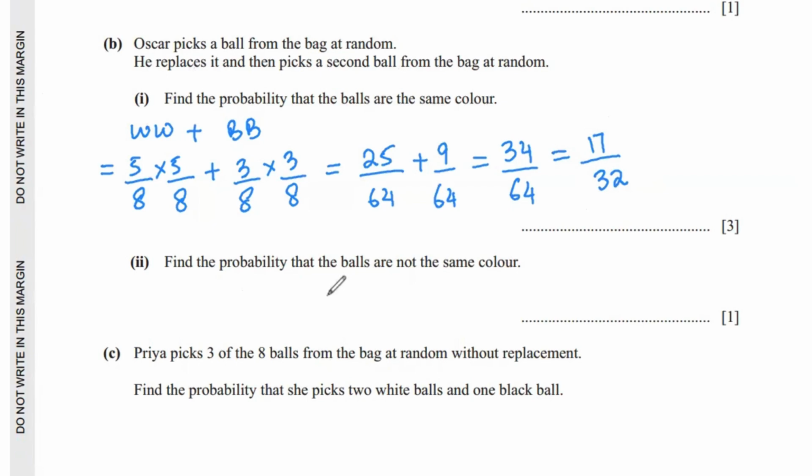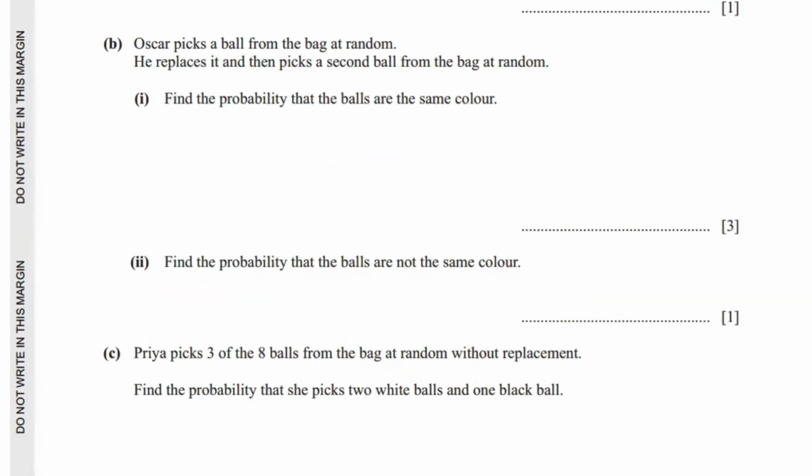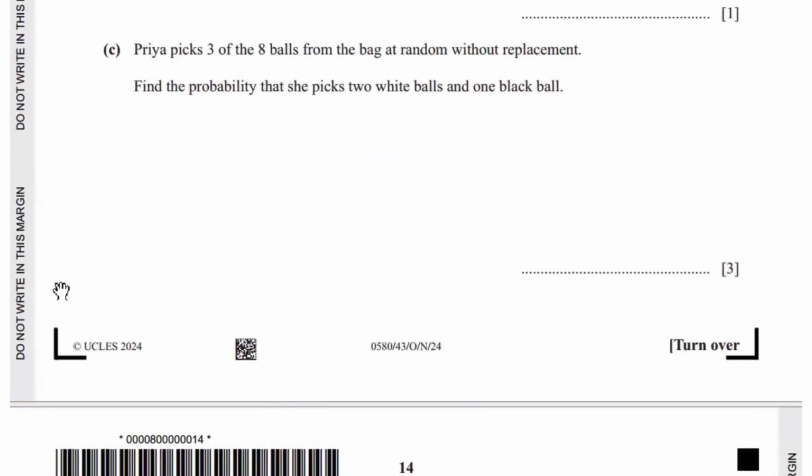This is find the probability that the balls are not the same color. So we just subtract the probability of it being the same color from 1, which is equal to 15 over 32. Part C says Priya picks 3 of the 8 balls from the bag at random without replacement.